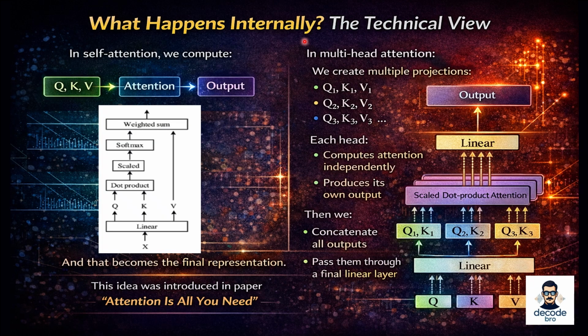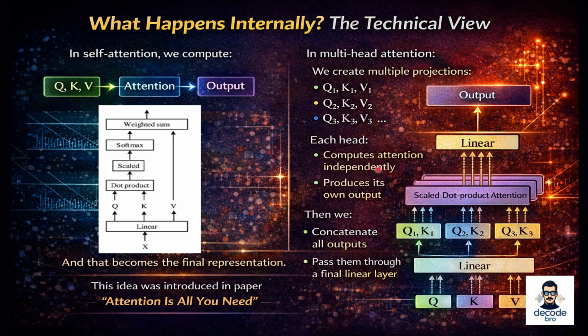What does multi-head really mean? What happens internally? A head in multi-head attention is simply an independent attention mechanism. Each head has its own set of learned parameters. Each head calculates its own attention scores. Each head captures different patterns in the sentence.